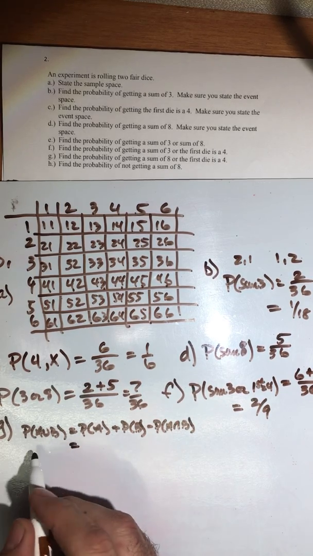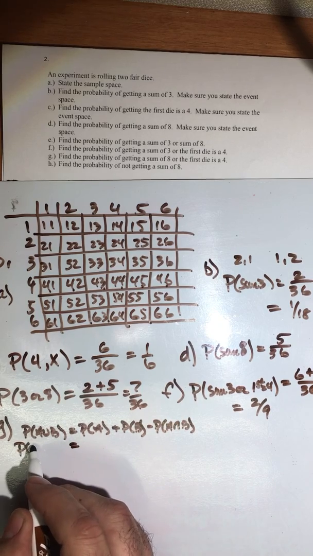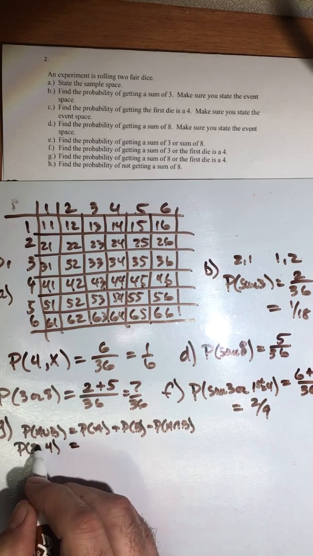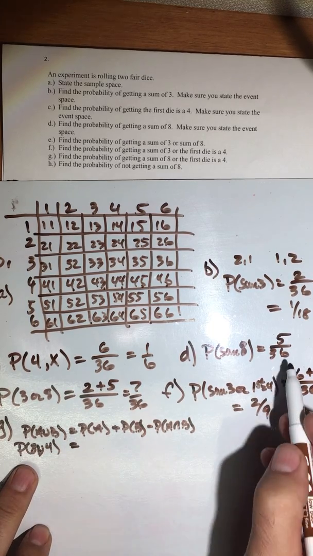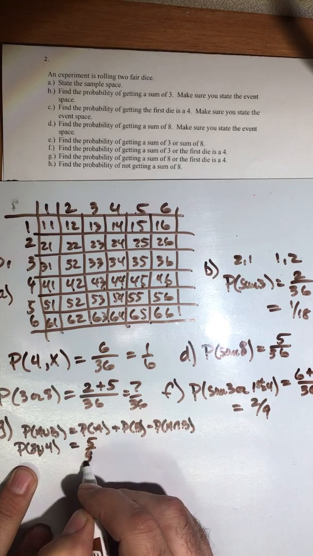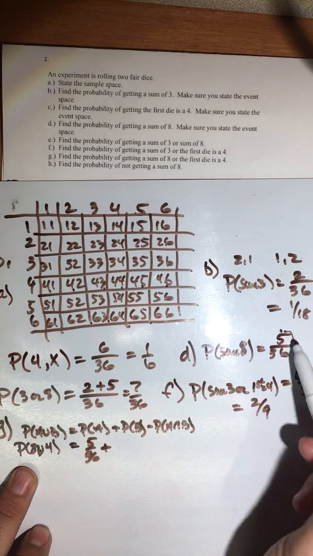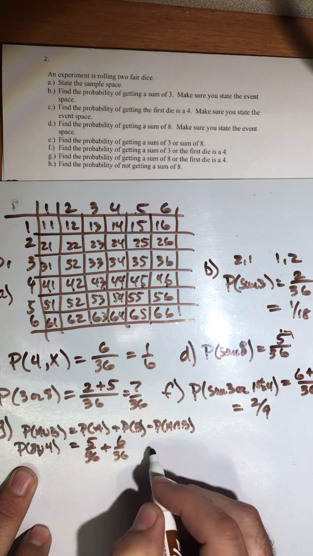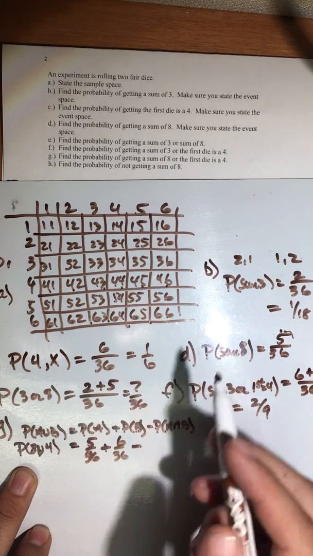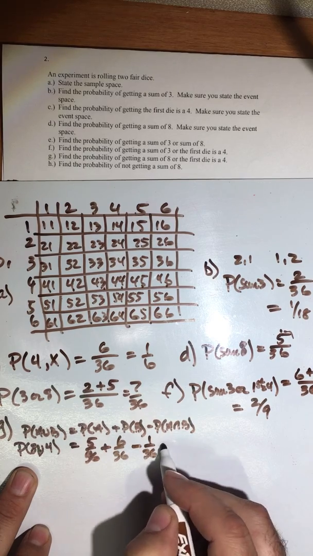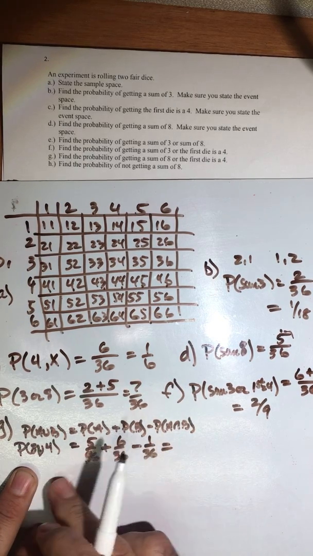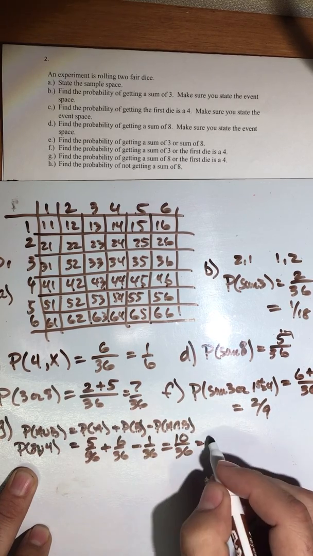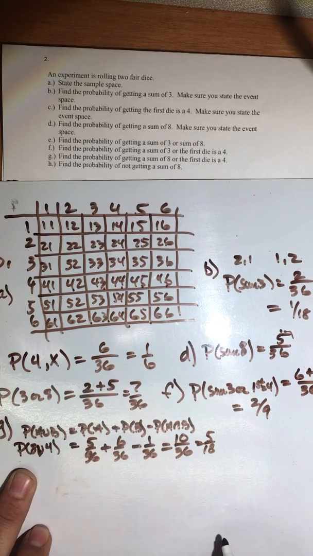The sum of the 8 is a total of 5 out of 36, plus the first die is a 4, which is 6 out of 36, but I have to subtract out the double counted one. So that's 1 out of 36. 11 minus 1 is 10 out of 36, and that reduces to 5/18.